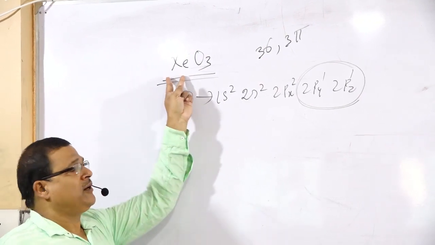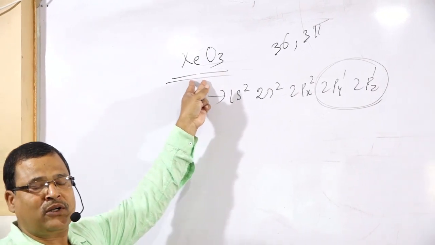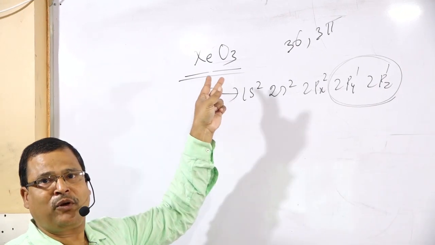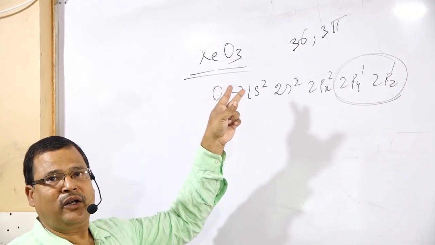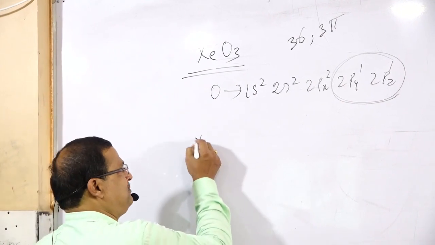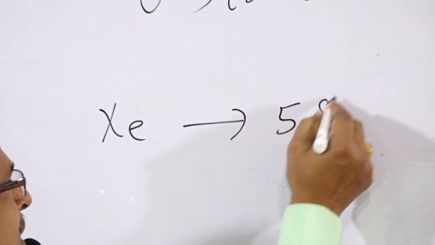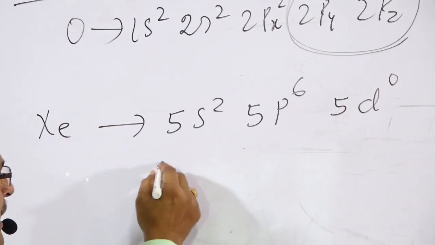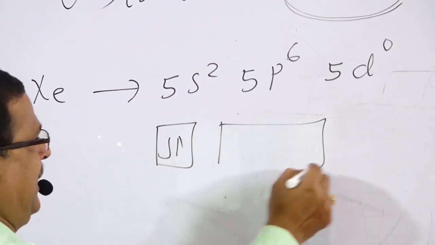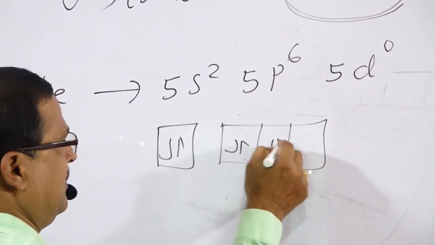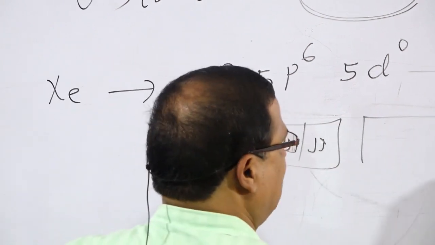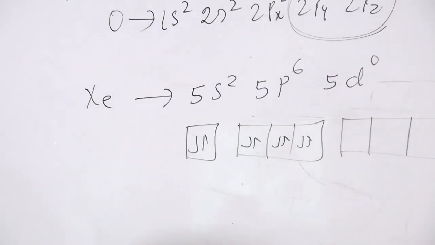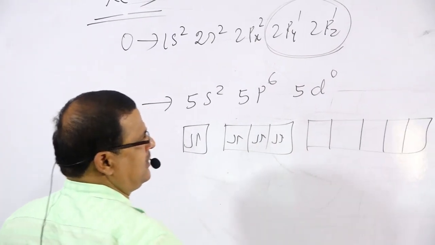Means the xenon atom must have 3 unpaired electrons in the hybrid orbitals, and 3 unpaired electrons in the unhybridized orbitals. So the xenon atom: 5s2, 5p6, 5d0. 5s2 paired, 5p6 3 paired, and 5d0, there are no such electrons.